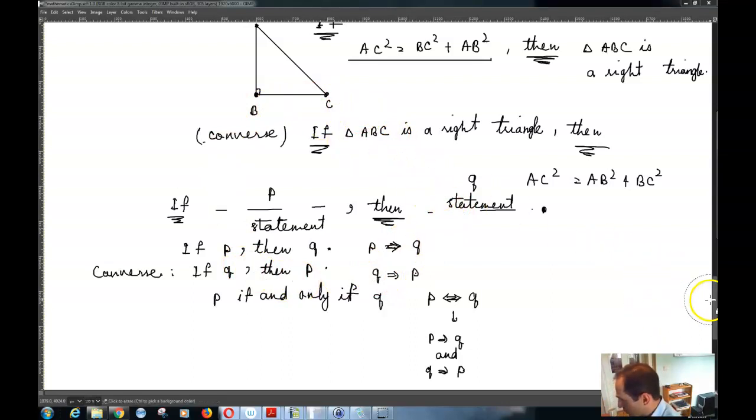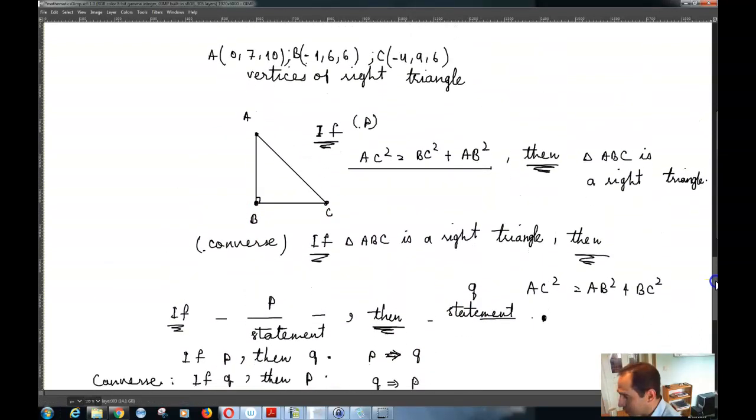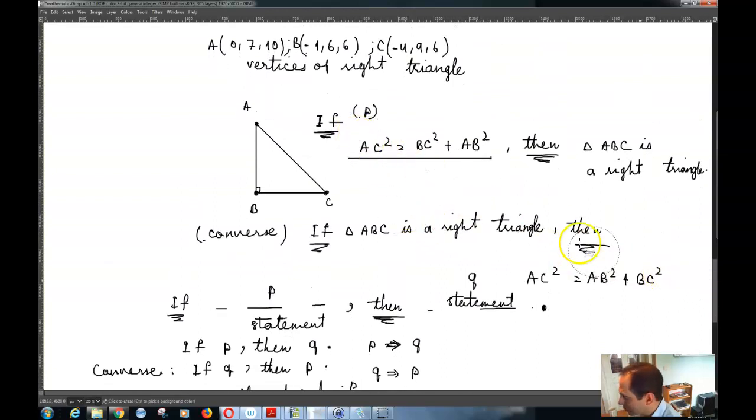Now why I said all of these things is that in geometry things are always like this. For example, one theorem in geometry which is related to the Pythagorean theorem is that if this relationship exists between the side lengths of a triangle, then the triangle is a right triangle. And if a triangle is a right triangle, then the same relationship exists between the side lengths of the triangle.